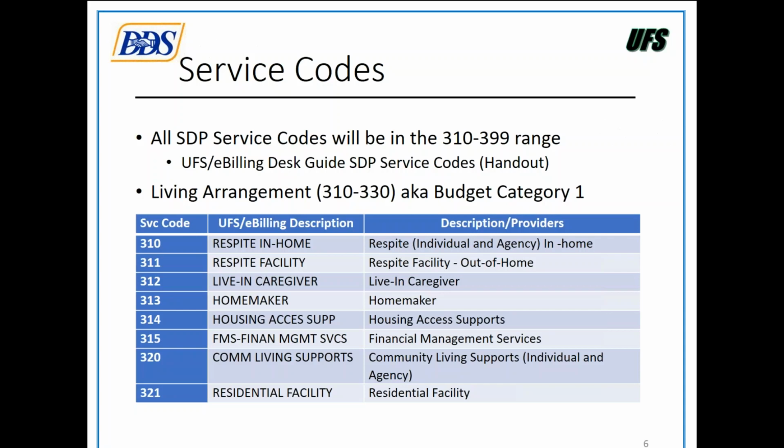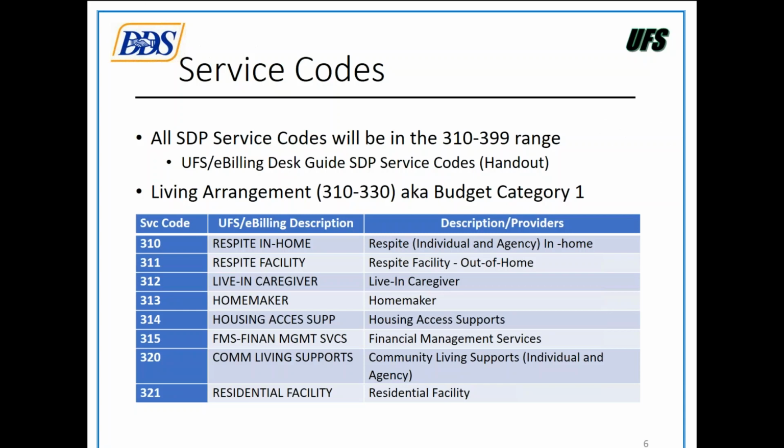We're not currently using all of those service codes, as you'll see as I show you the different budget areas related to them. There will be a one-page handout available on the AST website that gives you this list of service codes. These have not been populated to UFS yet, so they are not available.